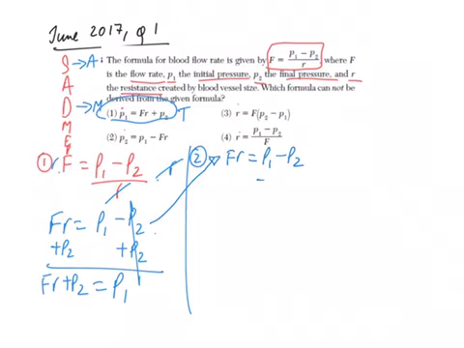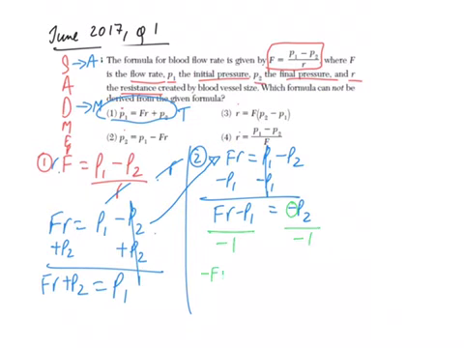Then let's subtract P1. But we've got a negative over here. So to get rid of this negative part, we'll divide by -1. So this FR will become negative and this will become positive. So let's look at choice 2. Choice 2 works out, so that's true.